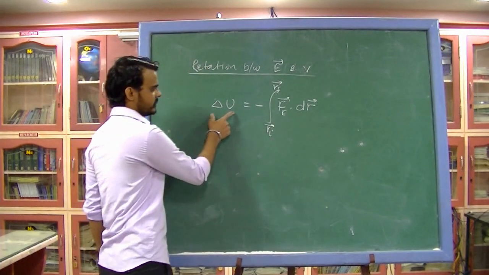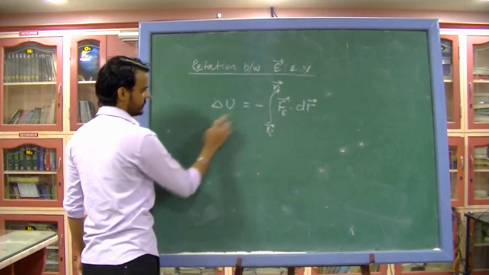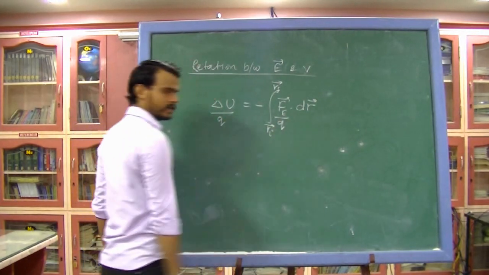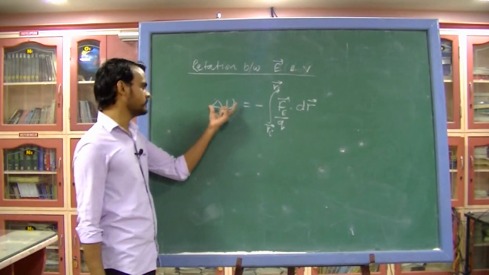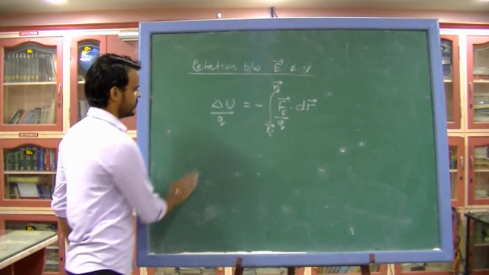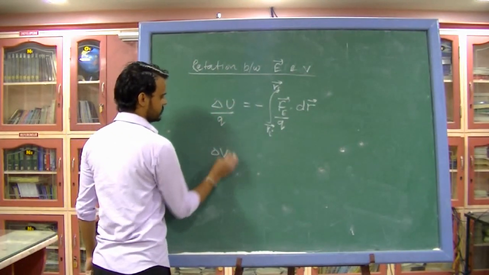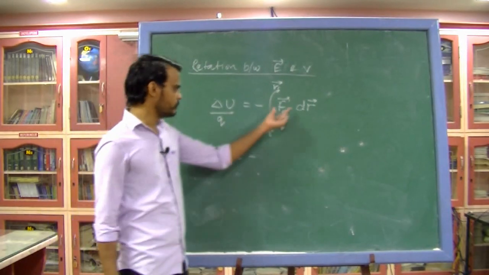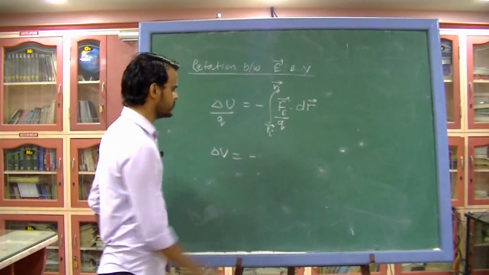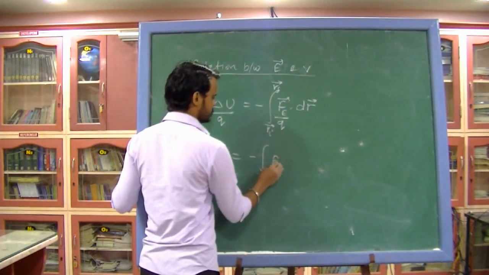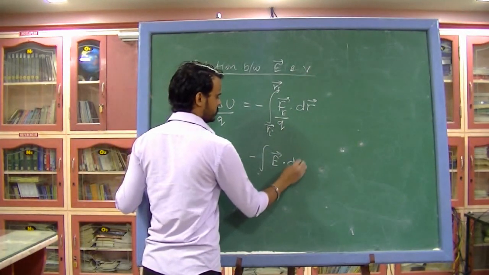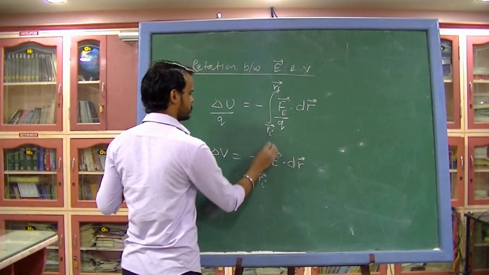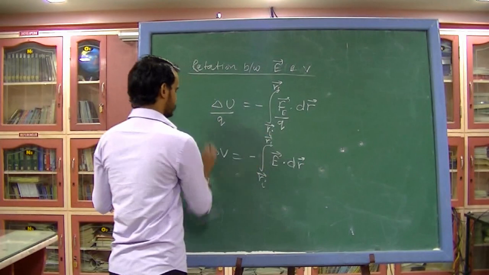If I divide this quantity by q, I will get delta U by q, which is also the integral of Fe by q. This quantity, change in potential energy per unit charge, can be written as change in potential. Force divided by charge can be written as electric field, so I can write this as electric field intensity E dot dr, from r initial to r final.